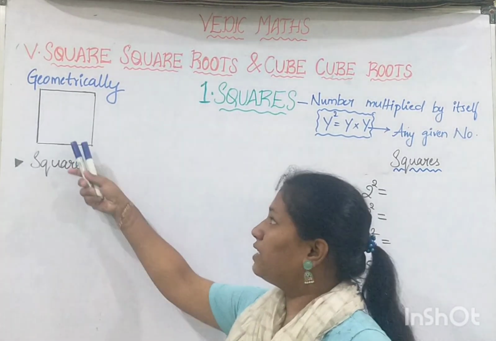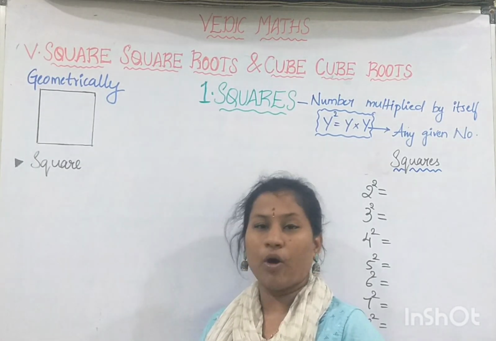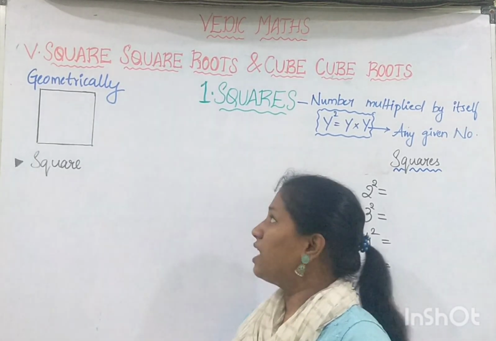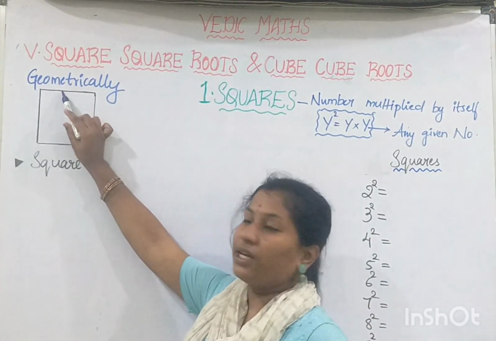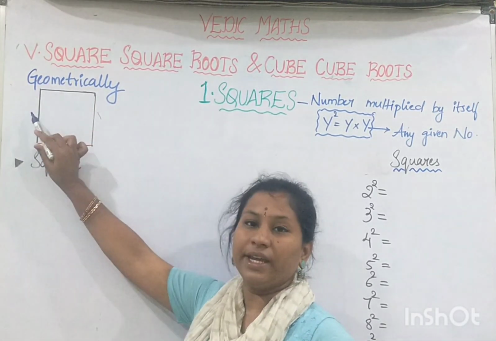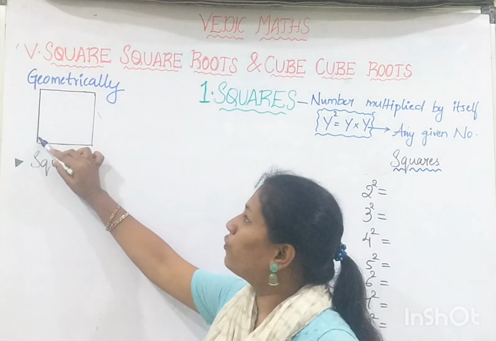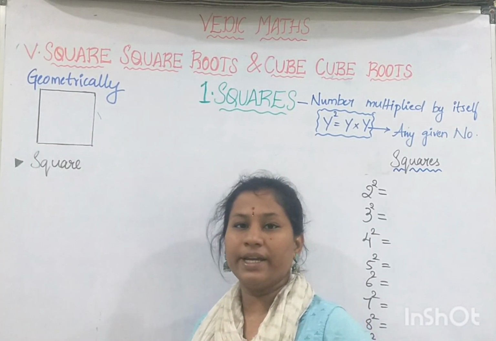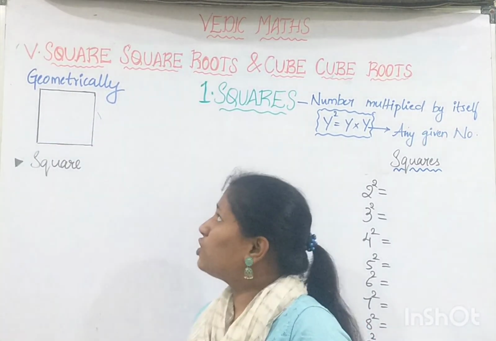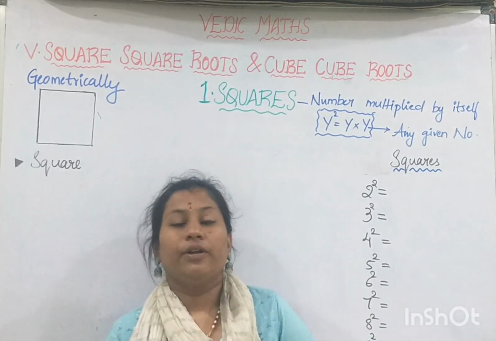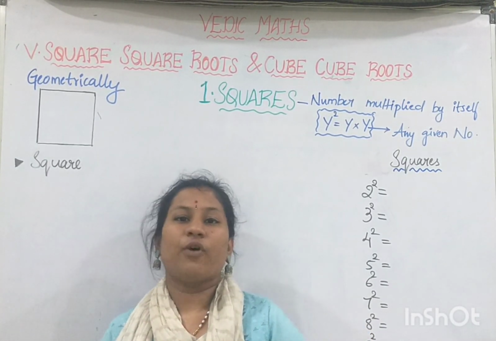This is a geometric figure which we have already learned in our lower classes. In a square all the 4 sides are equal and all the angles are equal. So let's see practically what a square is.